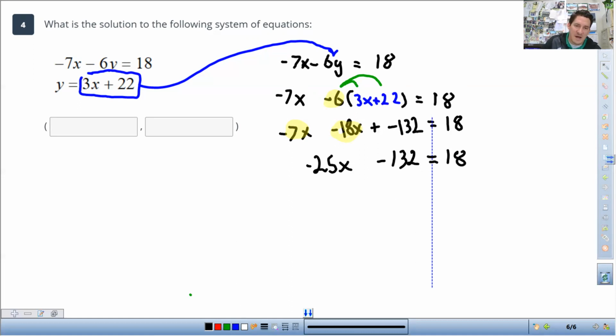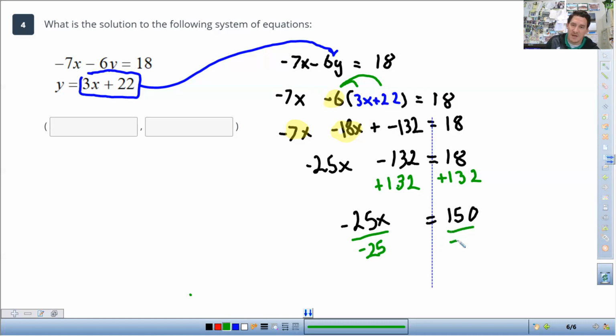Now I'm going to eliminate the negative 132. I'm going to add 132 to both sides. So you get negative 25x is equal to 18 plus 132 is 150.